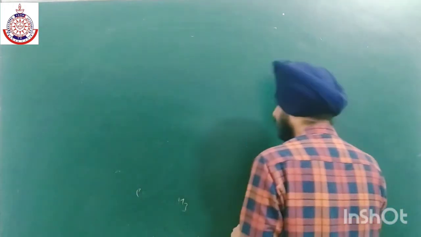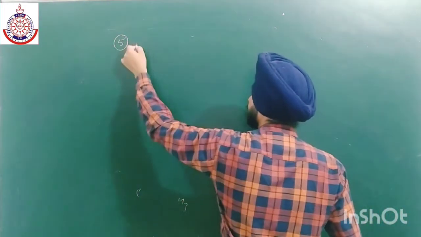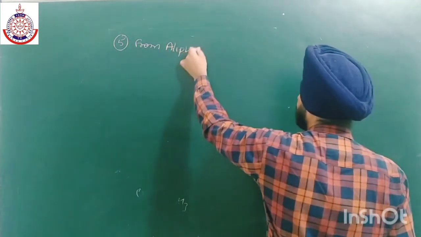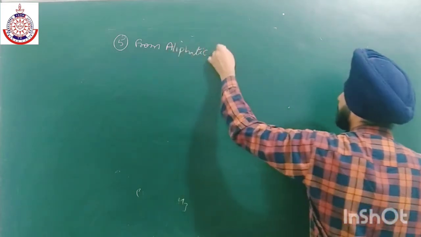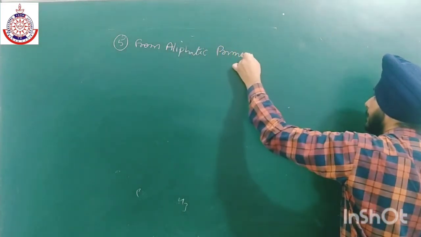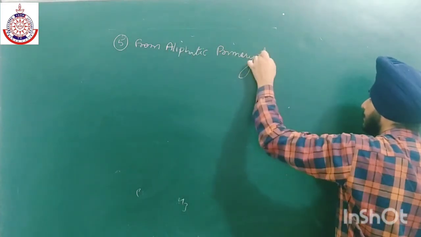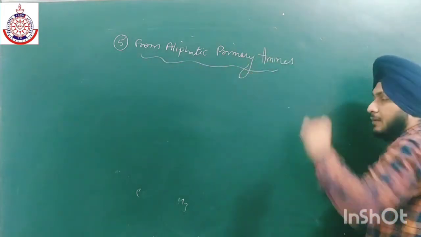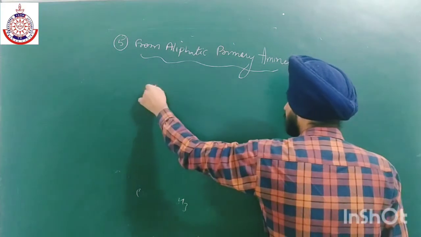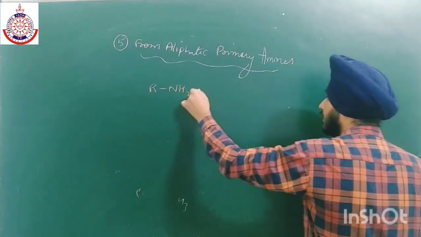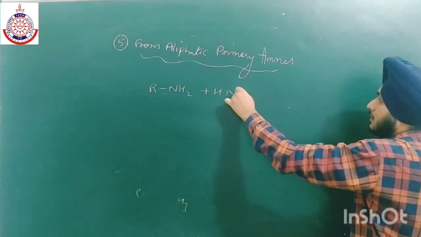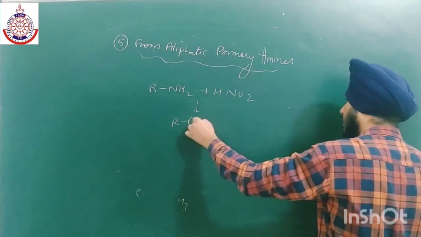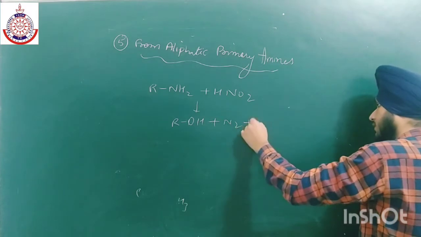So I am taking an aliphatic primary amine. The general reaction is RNH2, and we all know that the formula for nitrous acid is HNO2, and we will get ROH plus N2 plus water.